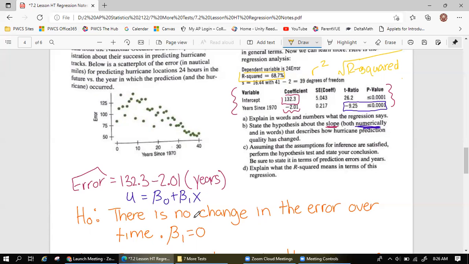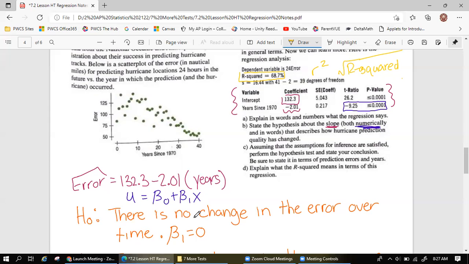So there's still 30.03% or 30.3% of error to be accounted for. But R squared tells us when we're talking about years since 1970 and error in prediction, that 68.7% of that variability in our error is accounted for by the years since 1970.